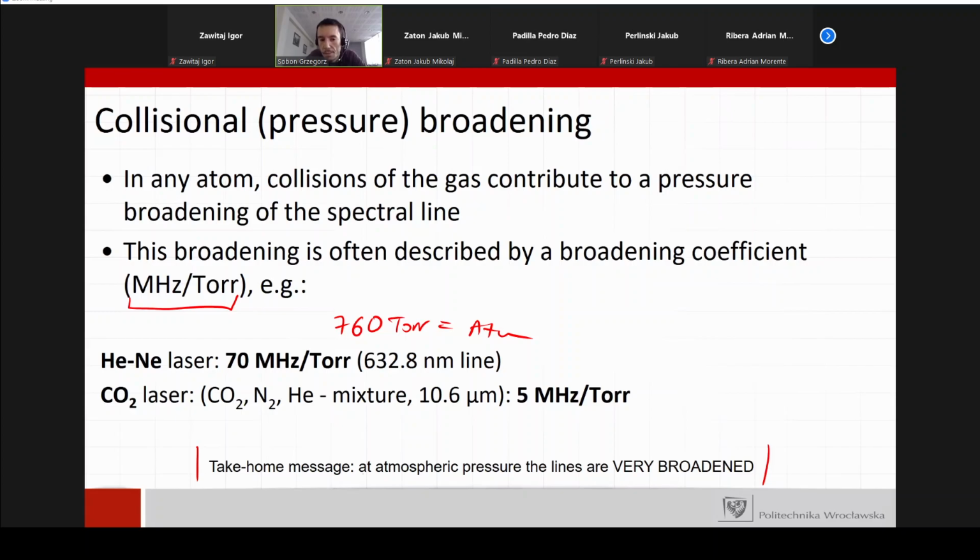Like in gas lasers, we have the pressure of the gas, the mixture, the ratio, and so on and so on.